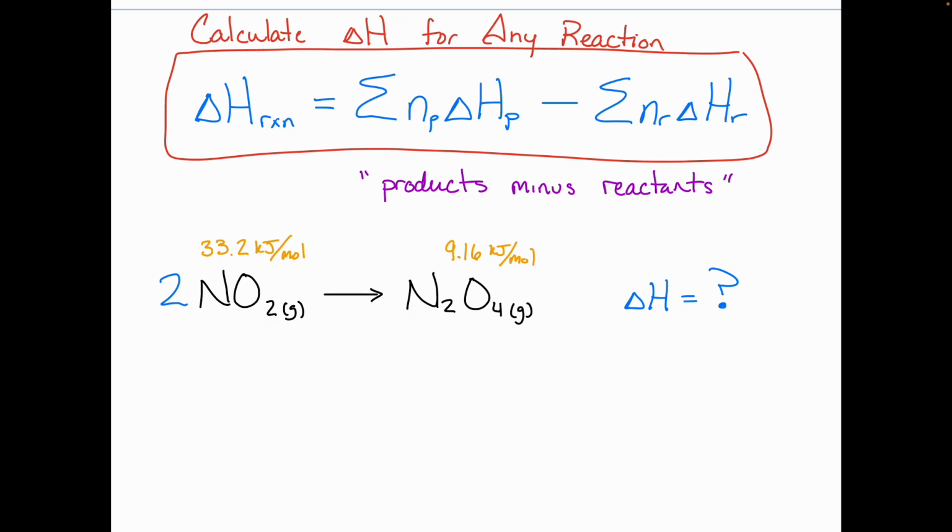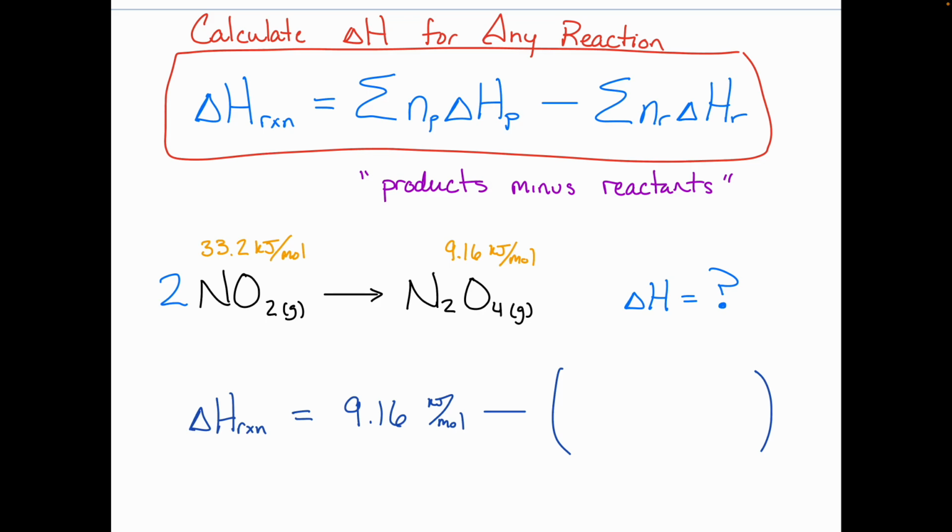So my delta H of my reaction here, I'm going to take my product delta H, that 9.16 kilojoules per mole. Products minus reactants. All right? Now, we only have one reactant. So if you didn't do this time, you'd be able to get away with it. But let me just caution you. In order to make sure that this minus sign hits all of your reactants, you need to put that in parentheses.